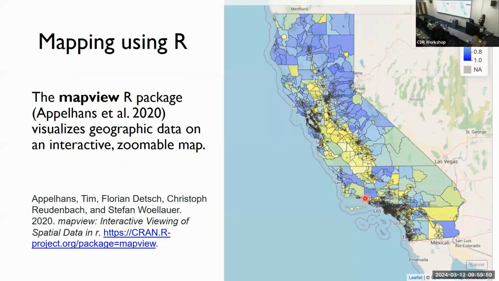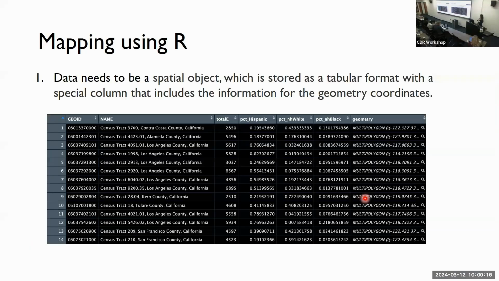And then finally, you can use R to create a map. There is a mapview R package, which I found fascinating. It can produce geographic data that is even interactive and zoomable. I'll introduce that, but remember that the data needs to be a spatial object, which is stored in a tabular format with a spatial column.